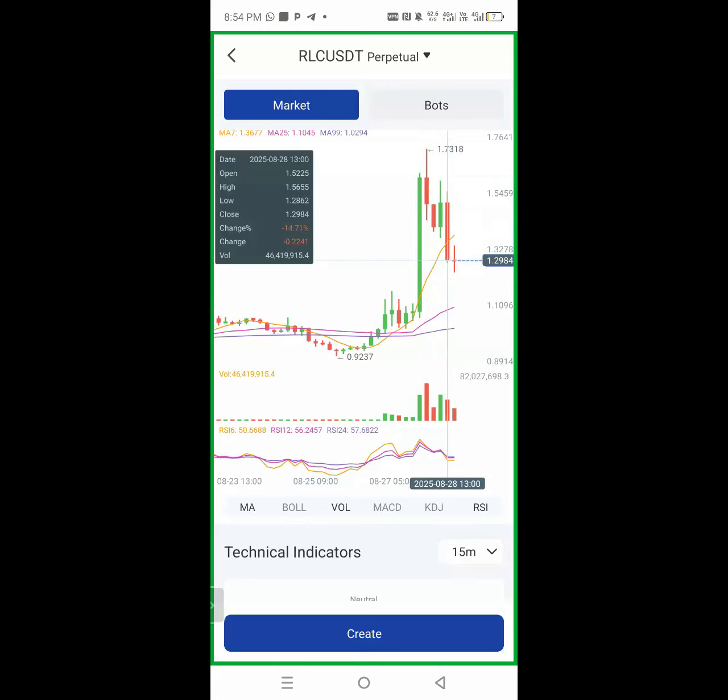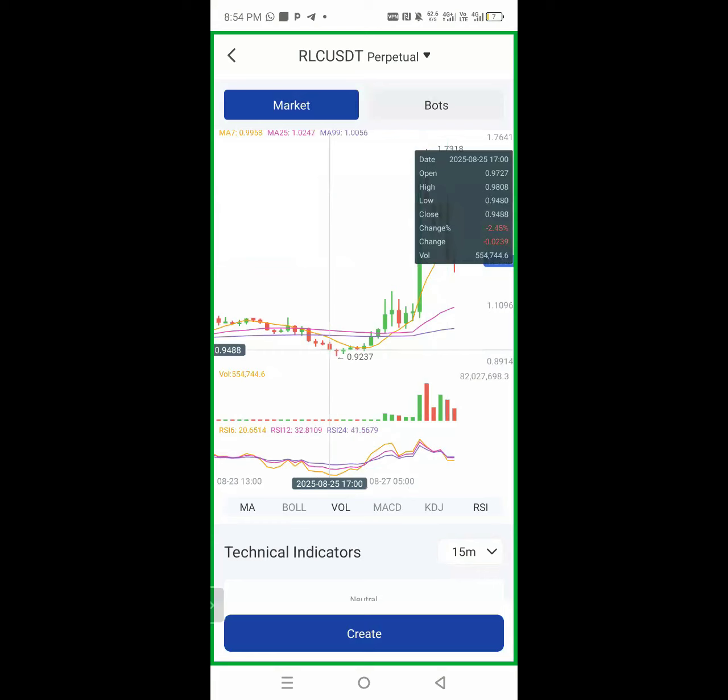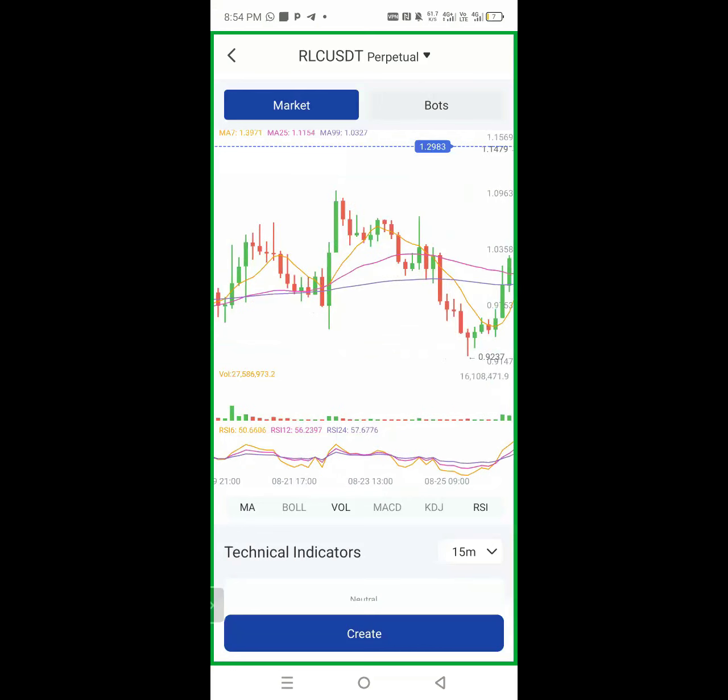When it also comes down, let's see this place. You can see the RSI 6 when I put it here at this lower price. When the coin was falling to this place, the RSI 6 was 19, so it's lower than 20. You long the market.